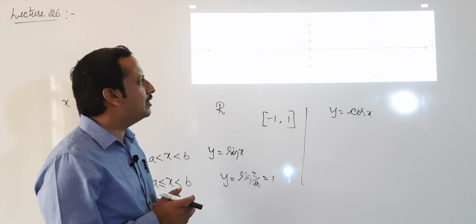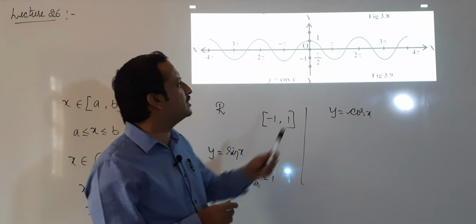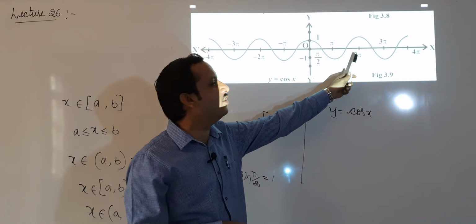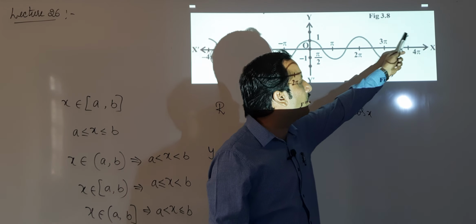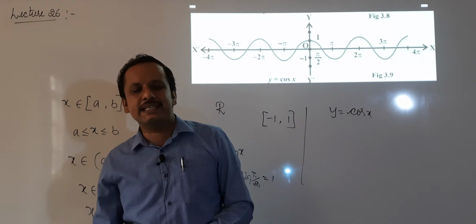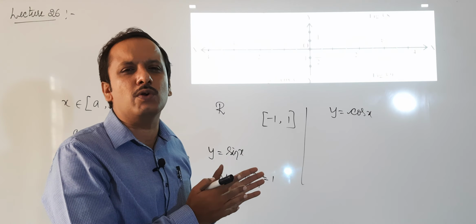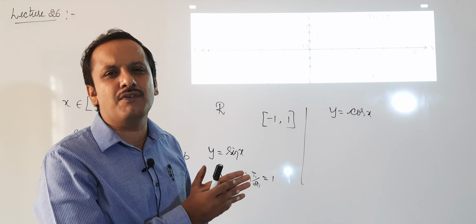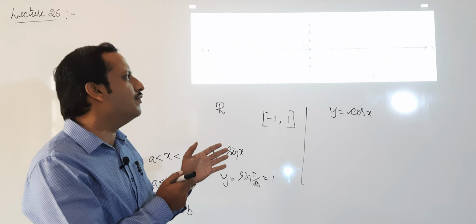Look at the graph of the function from 0 to 2 pi, and then observe the graph from 2 pi to 4 pi. You will see that the graph from 0 to 2 pi is the same as the graph from 2 pi to 4 pi.